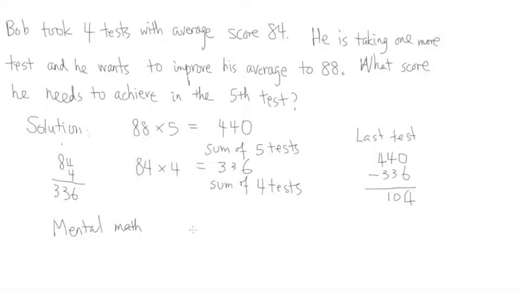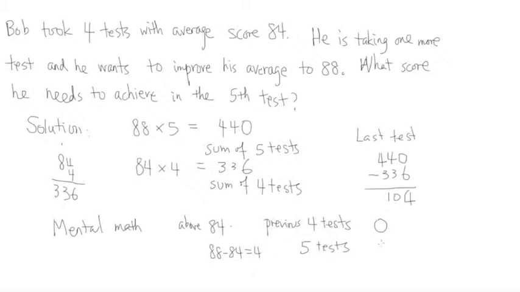So what's mental math? We set the benchmark with 84 points. So let's look at above 84. And the previous 4 tests, because the average is 84, there's 0 points above 84. And for 5 tests, well, I need, what is 88 minus 84? That's 4. This we can do in the head.